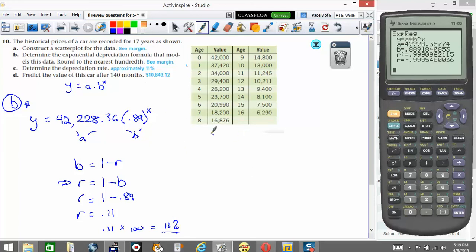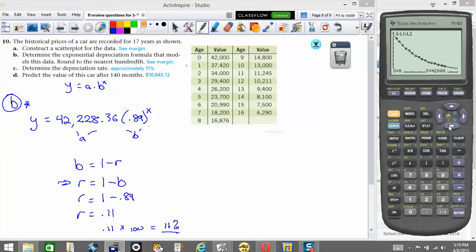So here they want you to predict the value of the car after 140 months. So there's a couple ways we can do this. We can hit the graph, and you should see a line coming through this. And then we hit trace.